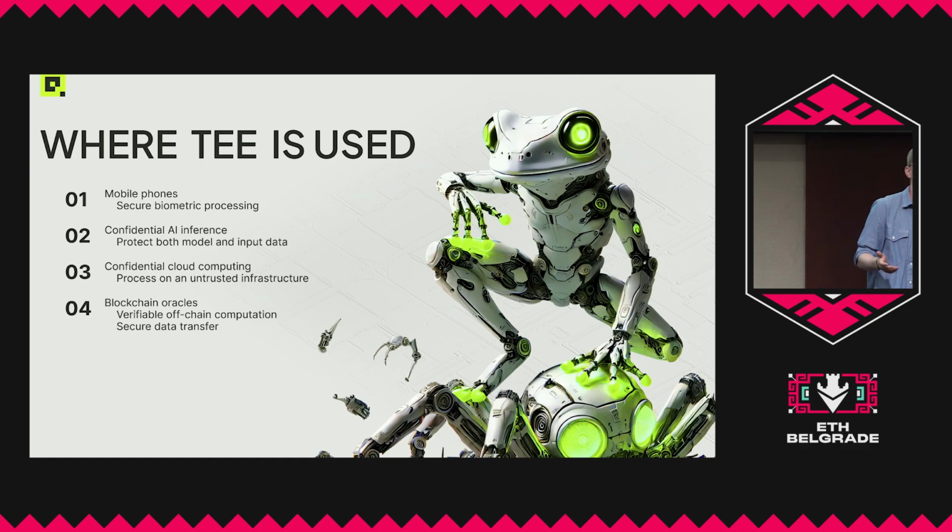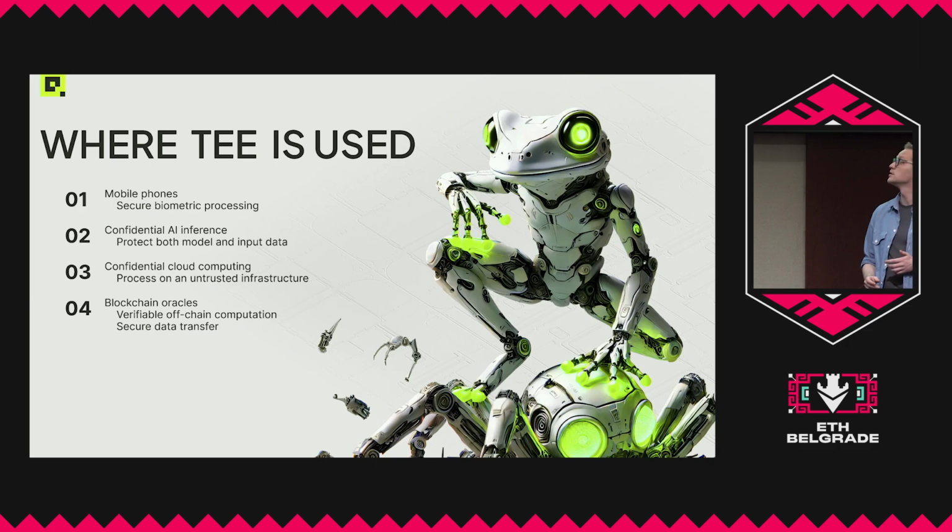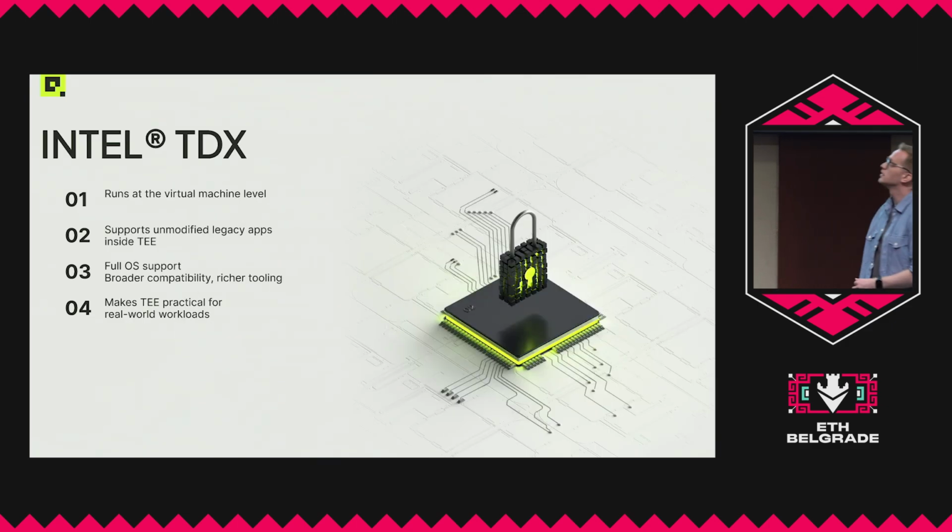You don't need a consensus mechanism, and compared to zero-knowledge proofs, it's much faster. Its execution time is almost the same as outside of a trusted execution environment. So it's pretty fast and provides trust-minimized execution.